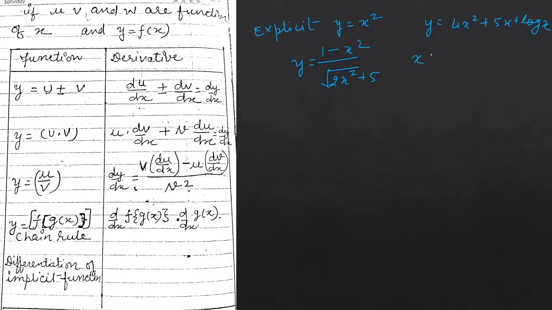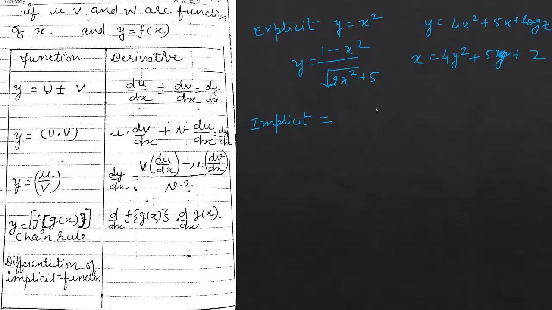Or we can also express this in terms of x also, right? If we can express this in terms of x, then it is also an explicit function. Sorry, this is y. Okay, explicit function. And what is implicit function? Implicit function means if we cannot express the function in terms of one variable, that means you cannot separate the variables.